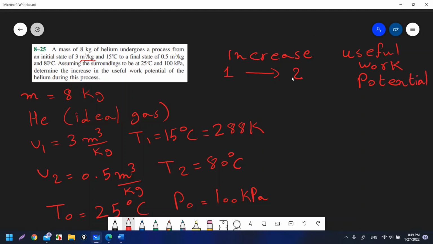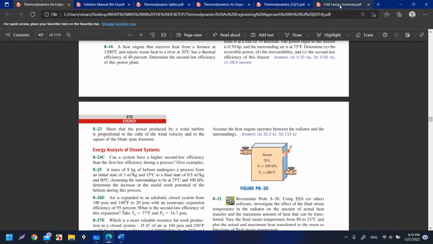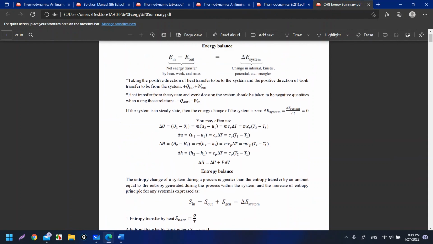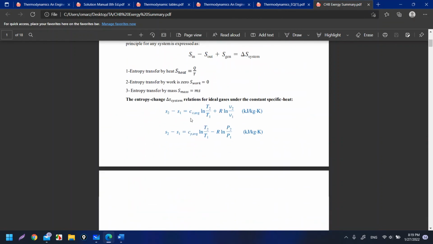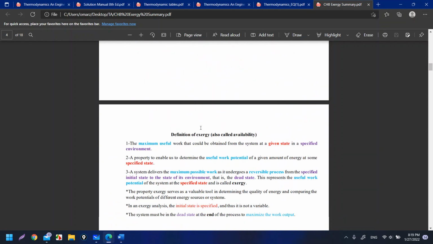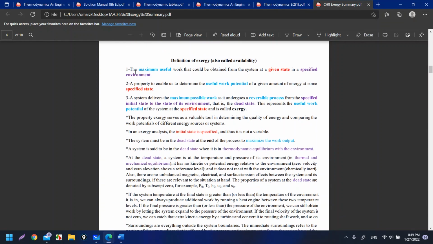How you know it is Exergy? From the definition of Exergy. This summary I will upload it, I will put it in the description. The definition of Exergy is maximum useful work that could be obtained from a system at a given state in a specified environment. Already we have state 1 and 2.